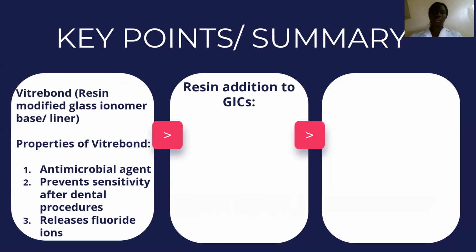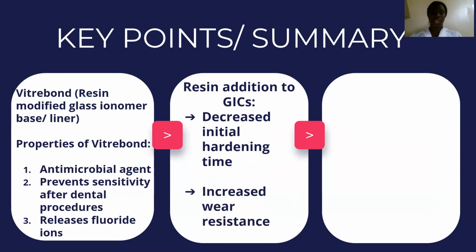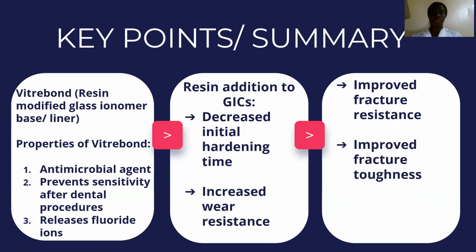Resin addition to glass ionomer cements decreased the initial hardening time when utilizing the material, increased wear resistance, improved fracture resistance, improved fracture toughness of the material as well, and decreased handling challenges.